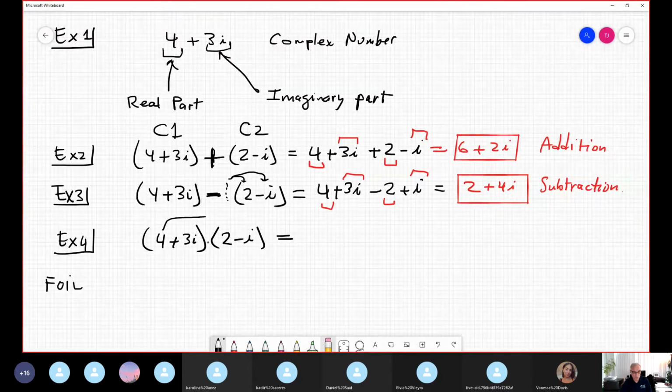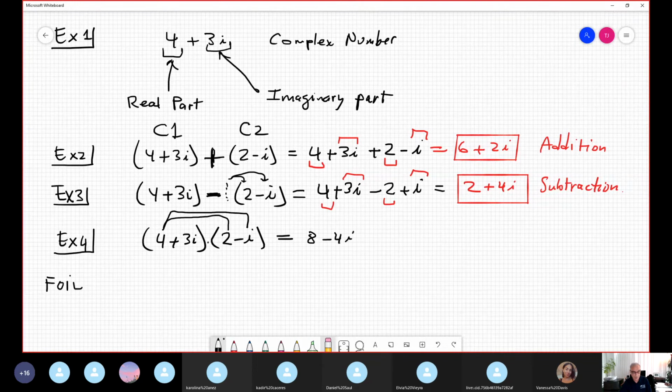First, 4 times 2, 8. Outer, 4 times negative i is minus 4i. Inner, 3i times 2 is 6i. And last, 3i times negative i is negative 3i squared.